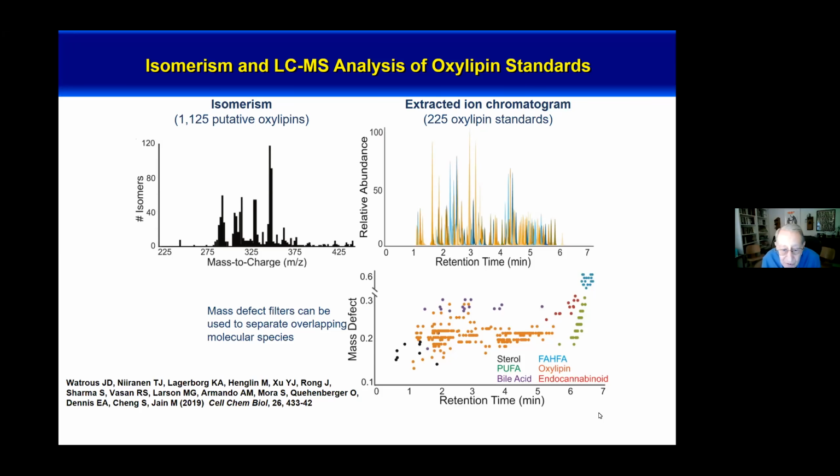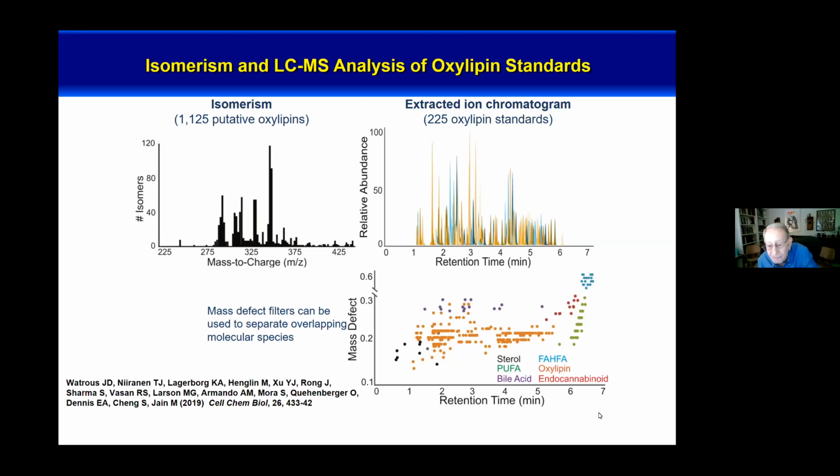Now, taking advantage of the chemical knowledge and the mass defect that earlier speakers have talked about, if you're at a very exact mass between the number of carbons, those compounds with more oxygens like icosanoids, which tend to have a high oxygen to carbon ratio, have a different mass defect, and separate by mass defect.